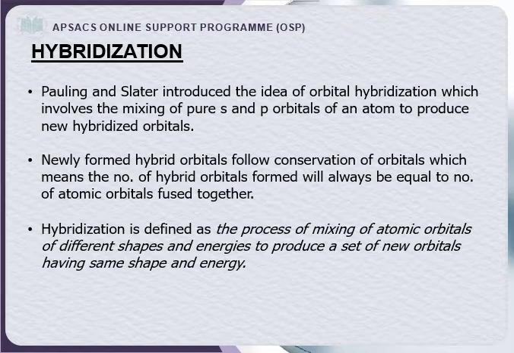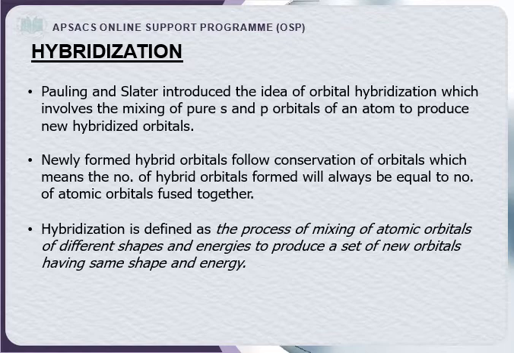Now one thing more, the energy of the s orbital is different from that of the p orbital. Shape is different, energy is different, but after mixing, none of the new orbitals we get is like pure s or pure p, but both the orbitals will be of the same shape and the same energy, right?